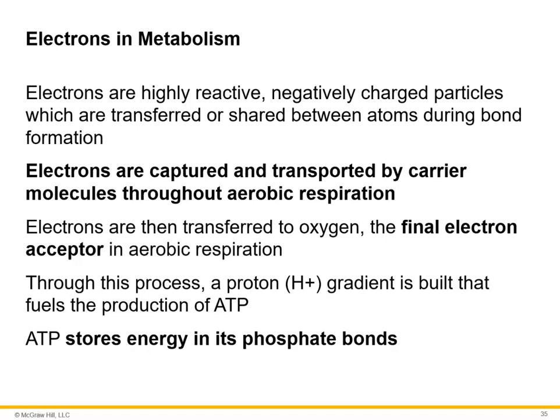And it's that proton gradient that actually activates the enzyme that produces ATP. Why do we produce ATP? Well, ATP has high energy phosphate bonds, so that energy gets stored in those phosphate bonds.